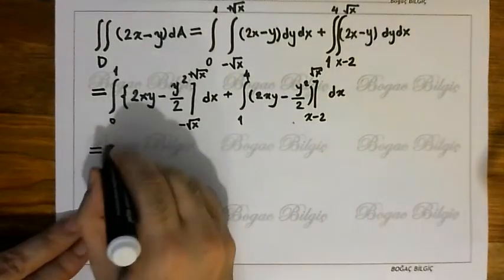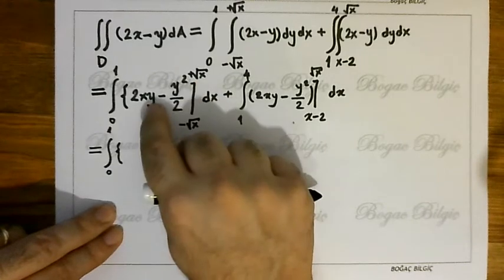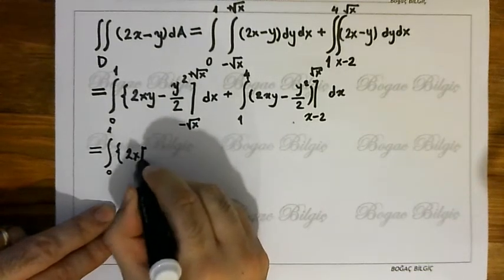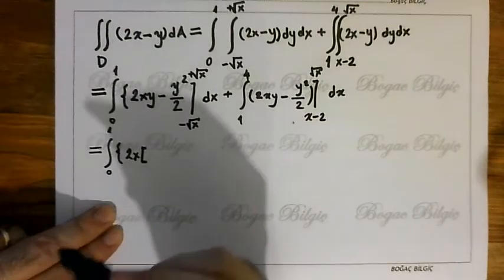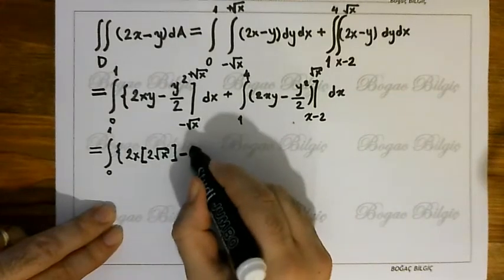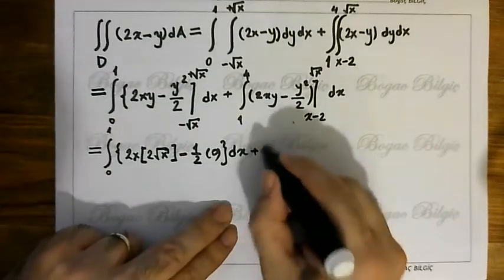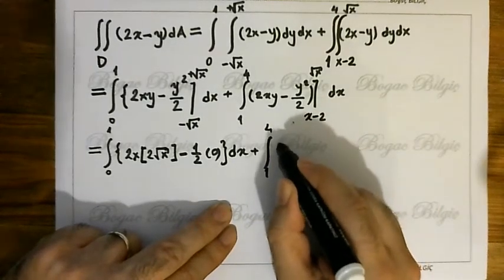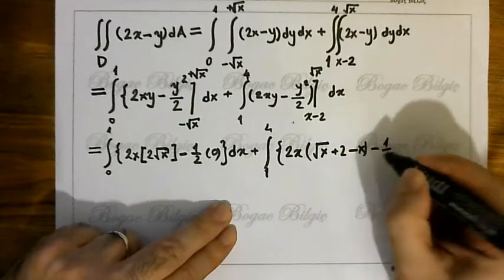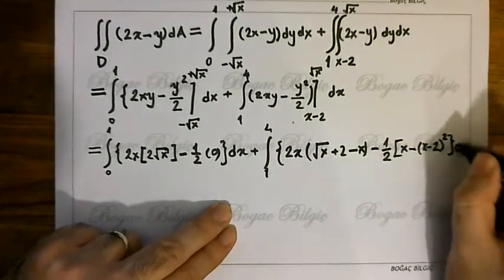And then from 0 to 1, we substitute y, and then minus this term, 2x, minus minus plus, and minus minus is 0, x and 1 to 4, plus 2 minus x minus 1 divided by 2, x minus x minus 2 square, dx.